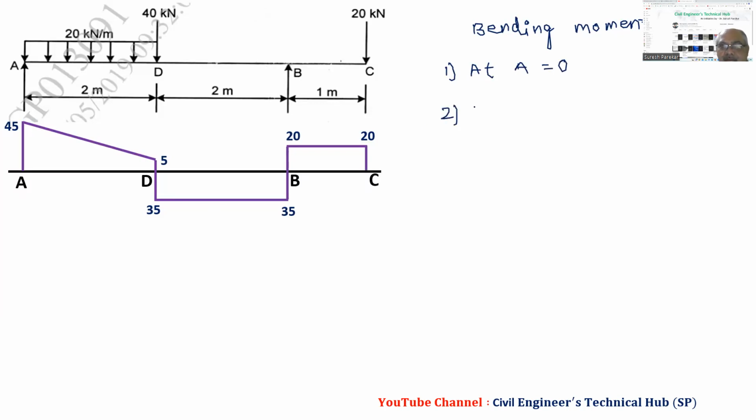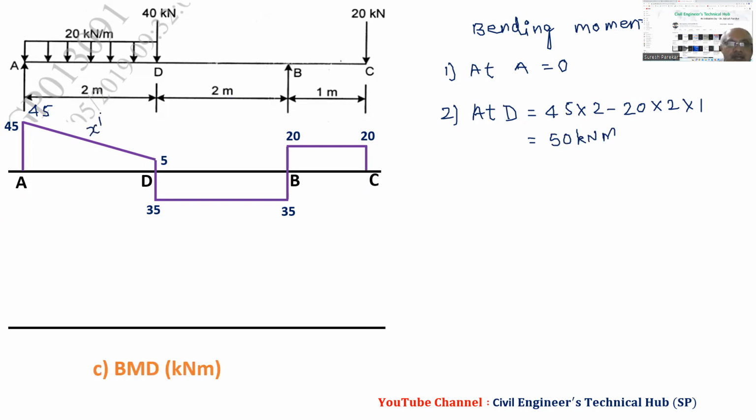Then at D, we have reaction 45 kilonewtons, so 45 into 2 minus 20 into 2 into 1. So we have this value 50 kilonewton meter. As we have this SFD x to the power 1, automatically it will be x to the power 2.